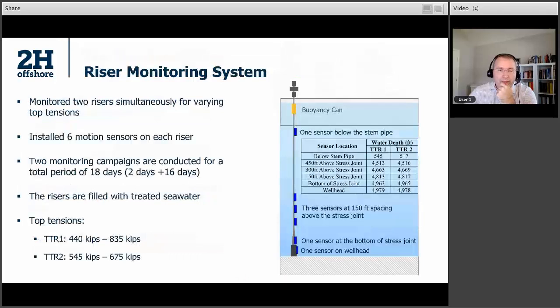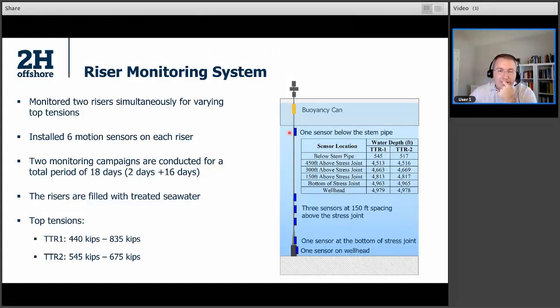We monitored two risers, TTR1 and TTR2, simultaneously for varying top tension settings, and 6 motion sensors are installed on each TTR as shown in this figure.